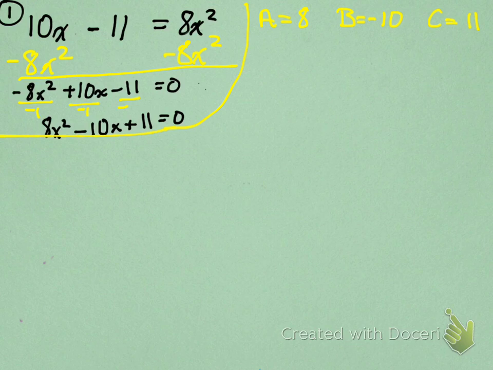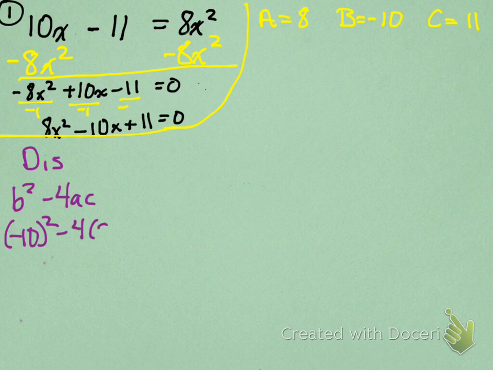So the discriminant is b squared minus 4ac. And so we're going to plug in a b squared, so that's going to be a negative 10 squared minus 4 times a, which is 8, times c, which is 11.